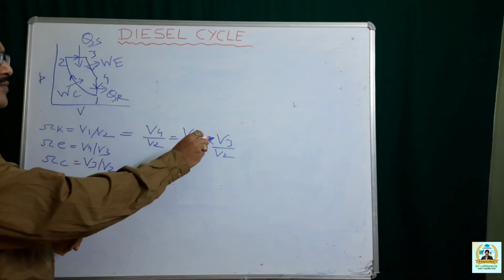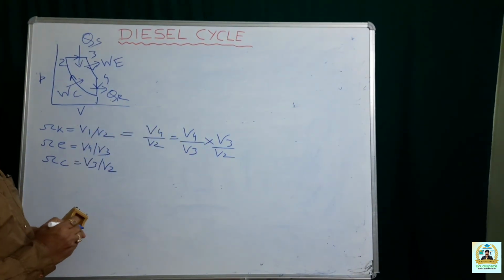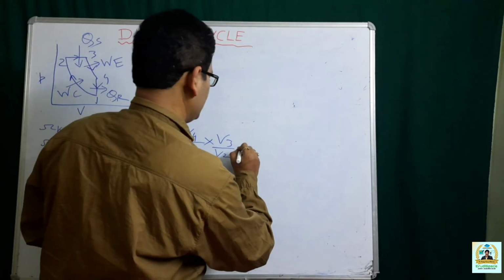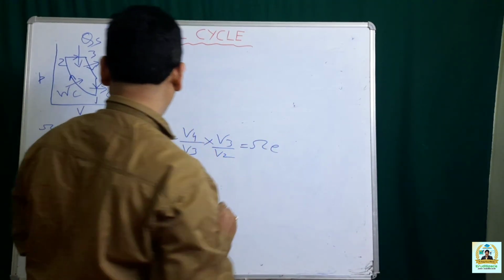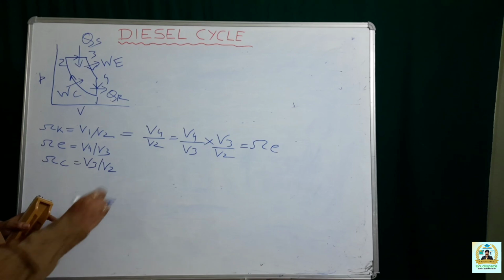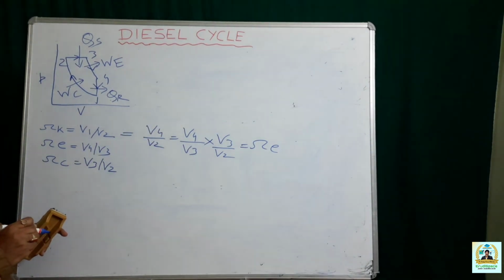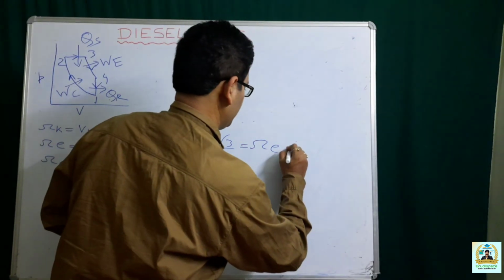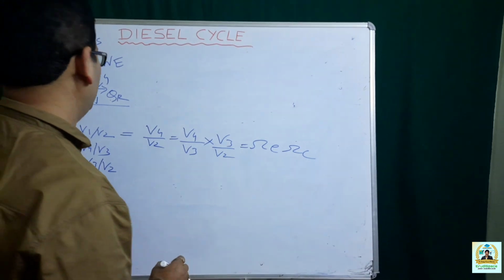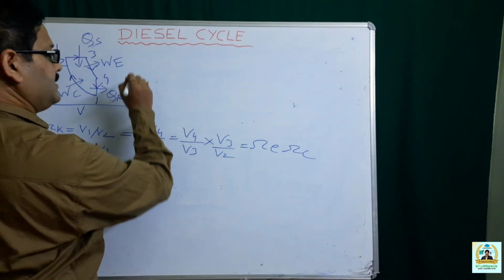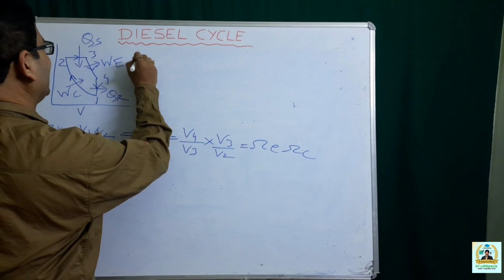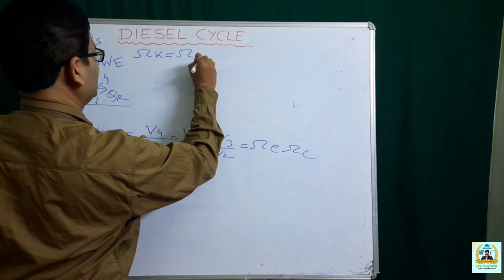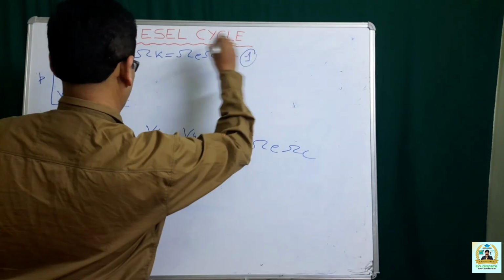We have multiplied it by V3 and divided it by V3. Now what is V4 by V3? V4 by V3 is your RE, that is the expansion ratio. What is V3 by V2? That is RC. Now you may denote this as equation 1. So RK is equal to RE into RC. Let it be equation 1.